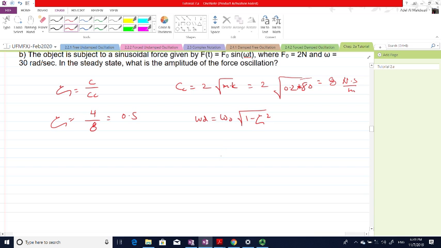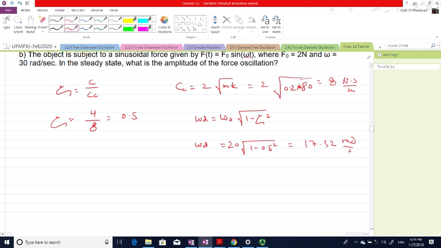So omega d will be 20 multiply square root of 1 minus 0.5 squared. So omega d will be around 17, similar to what you have got in the previous method.